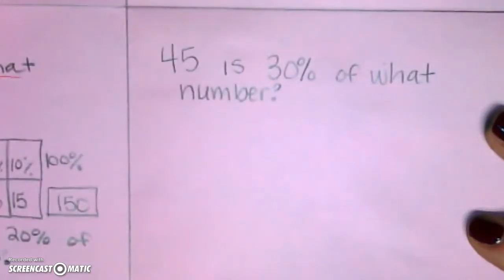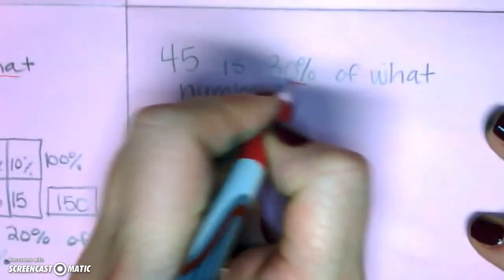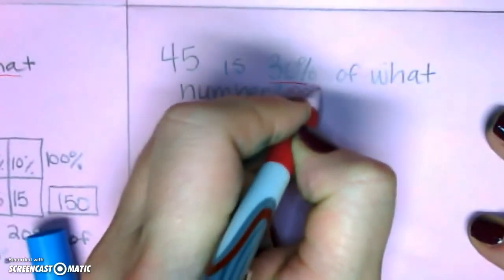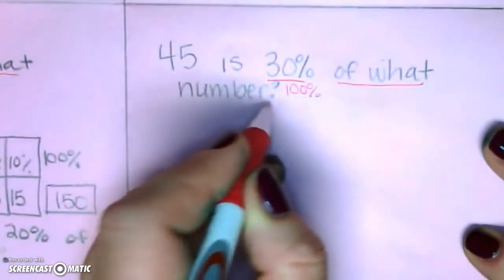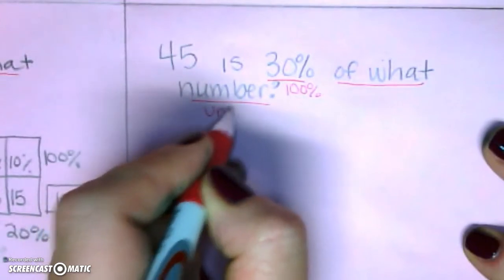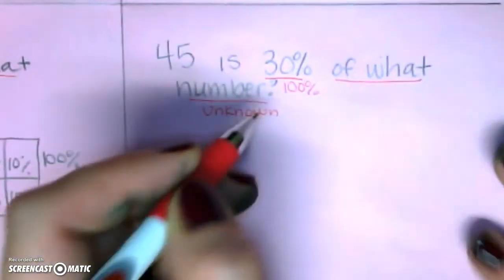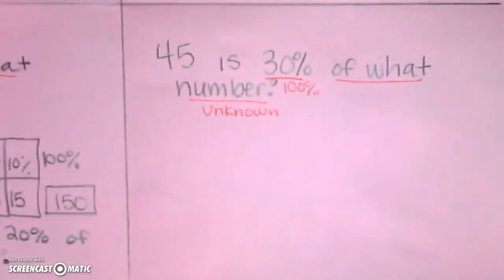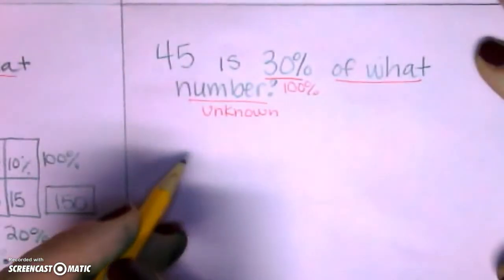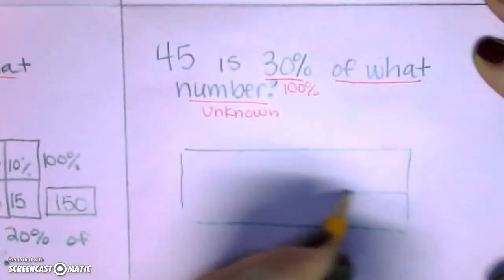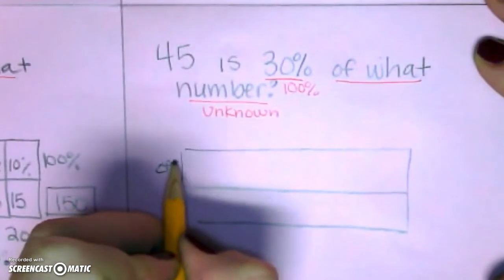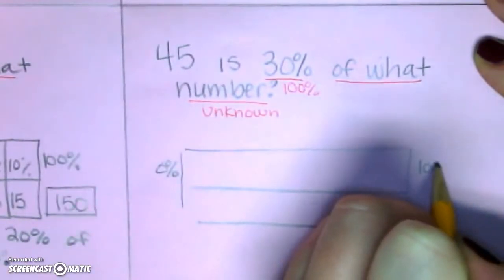This one here says that 45 is 30% of what number? Of course, my percents always come out of 100. And here, that of what number is my unknown. So I'm going to use my model to find that unknown value. The top portion is representing my percent.